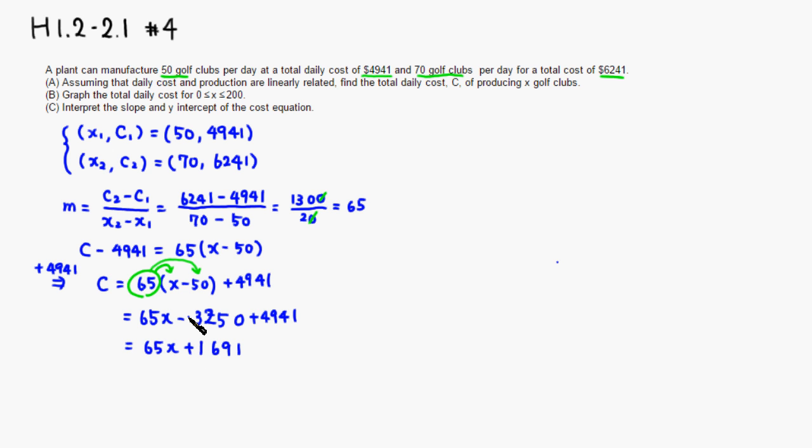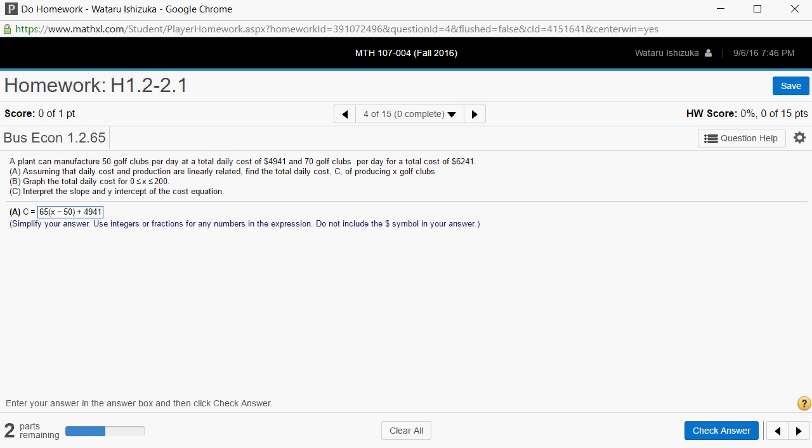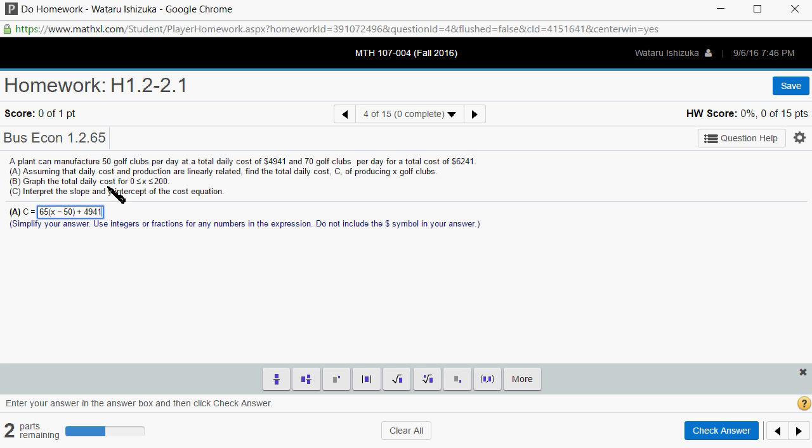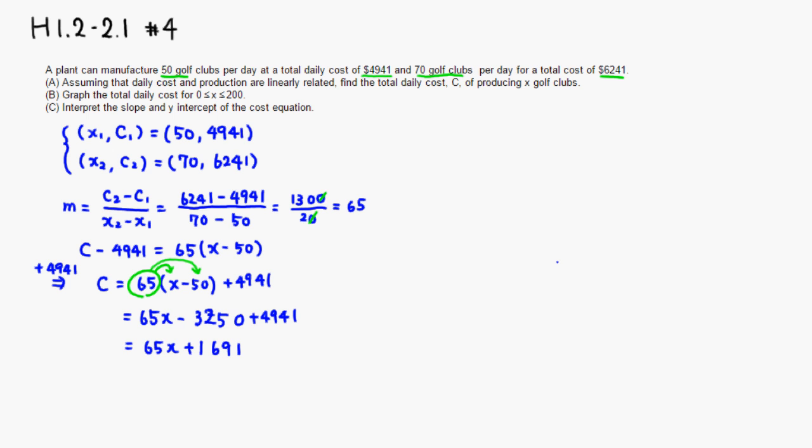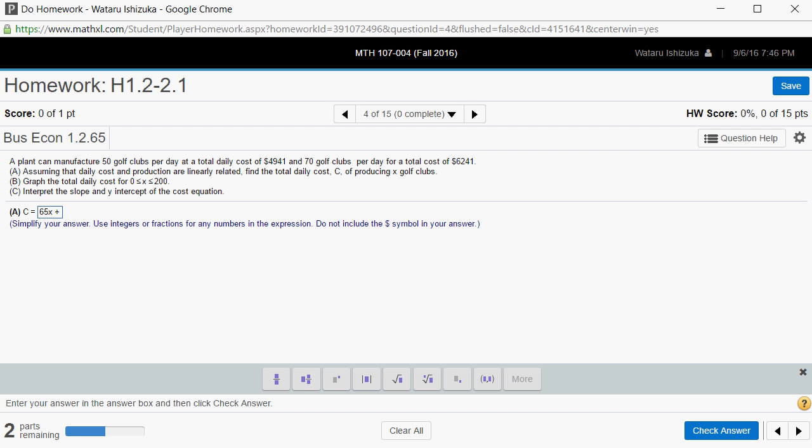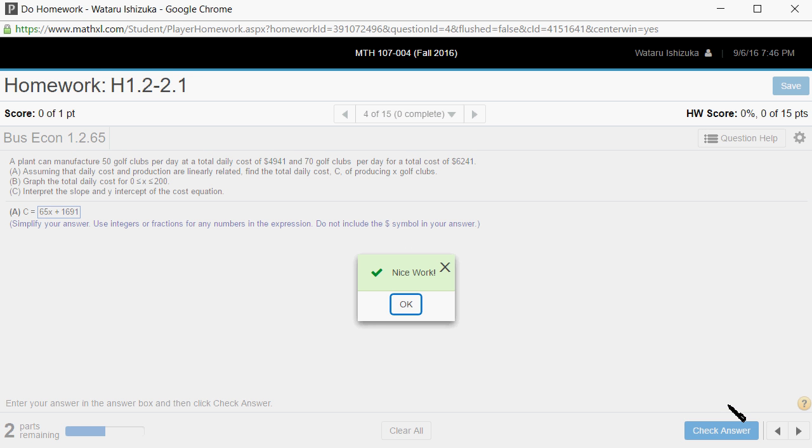So it's 65x plus 1691. So let's check that out. I'm gonna put 65x plus, oh, I forgot what it was, 1691. All right, so let's double check the answer. All right, we got this one correctly.